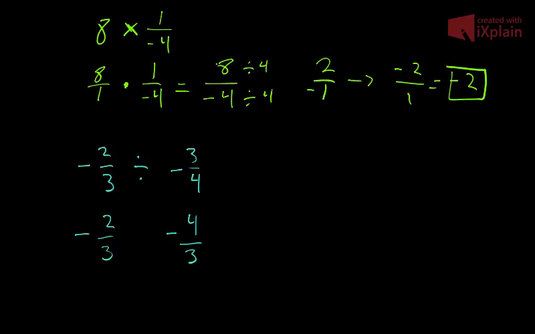And instead of division here, I'm going to do a multiplication. So then I'm just going to multiply straight across. I have negative 2 times negative 4, which is positive 8, and 3 times 3, which is 9. That gives me 8 over 9. It's already positive. There's nothing I can do to simplify it. I am good to go. And that's going to be my answer.